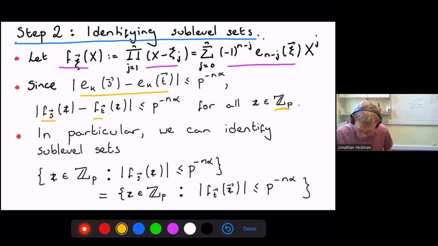And in particular, if we look at the sublevel set at height p to the minus n alpha of f_s, this is exactly the sublevel set of f_t at the same height. And this is the starting point of our whole analysis, and the rest of the argument is going to rely on analysing these sublevel sets.